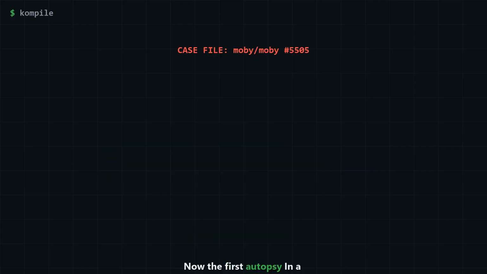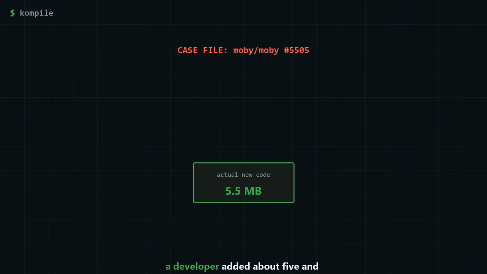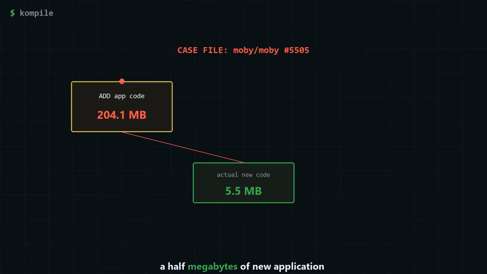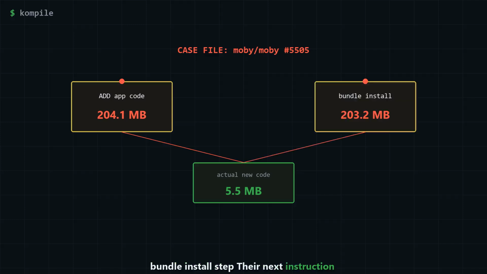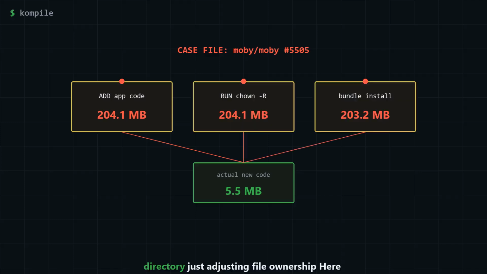Now the first autopsy. In a real issue filed against Docker's Moby repository, issue 5505, a developer added about 5.5 megabytes of new application code to an image that already had roughly 200 megabytes sitting in a directory from an earlier bundle install step. Their next instruction was a chown on that same directory, just adjusting file ownership. Here is what the layer sizes came out to. The add layer, 204.1 megabytes. The chown layer that followed, another 204.1 megabytes.